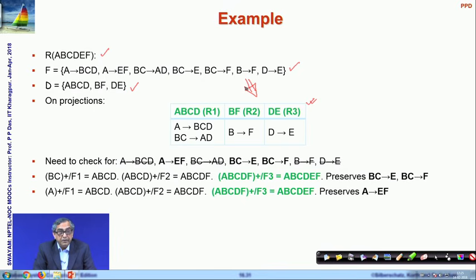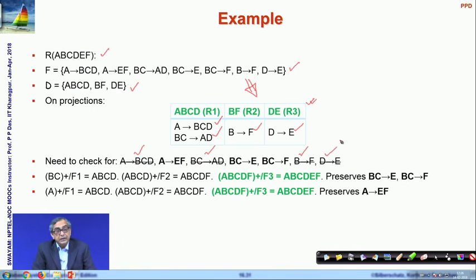On R 1 we have 2 dependencies, on R 2 we have 1 dependency, and on R 3 we have 1 dependency again. If we now think about the union of these and the closure for that, we can see that these 4 dependencies occur here, and therefore, I have struck them off in this set.